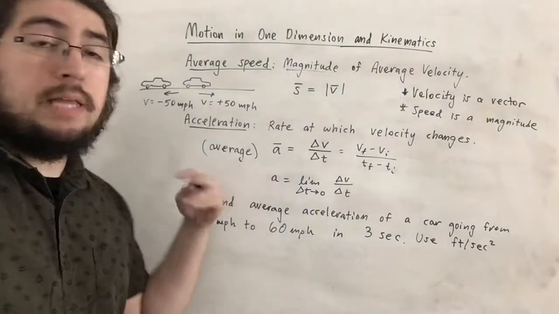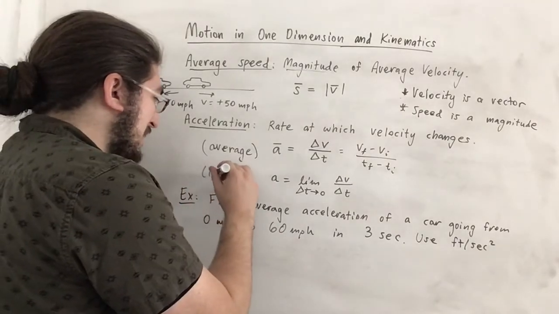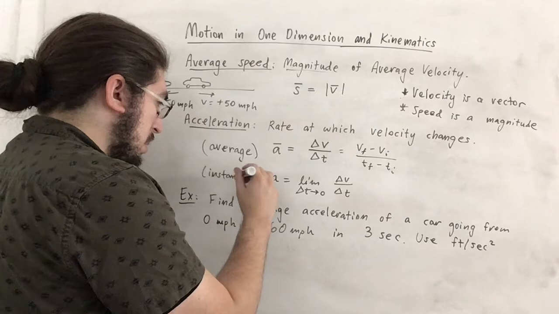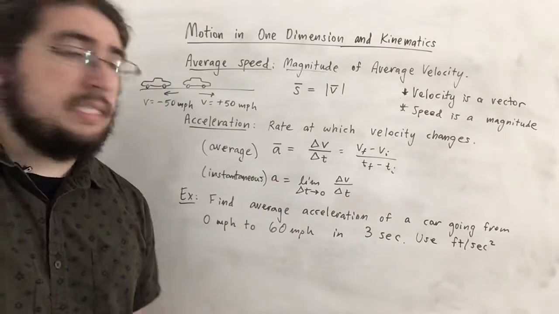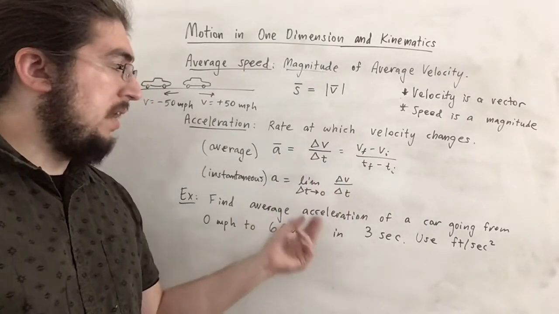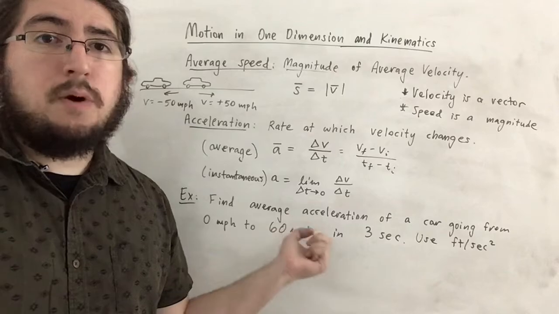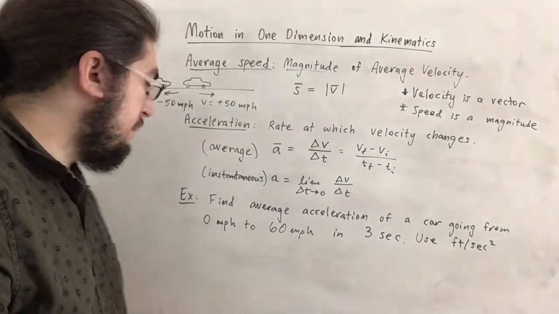And a without the bar on top, much like v without the bar on top we saw previously, is the instantaneous acceleration, where we're taking the limit of these average accelerations as the time is getting smaller and smaller so that there's no time at all. It's within one instant. Good.